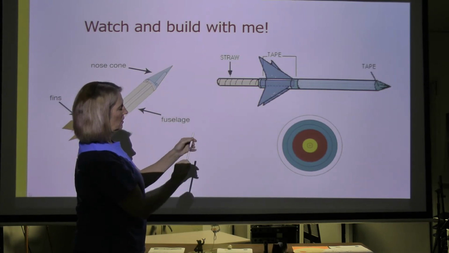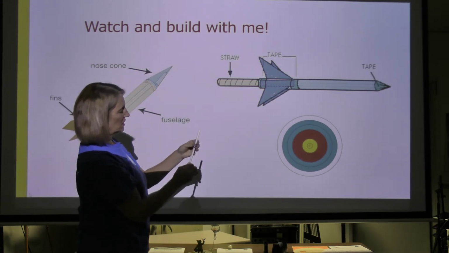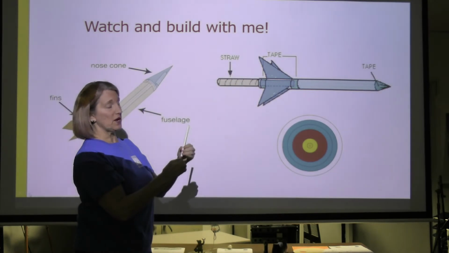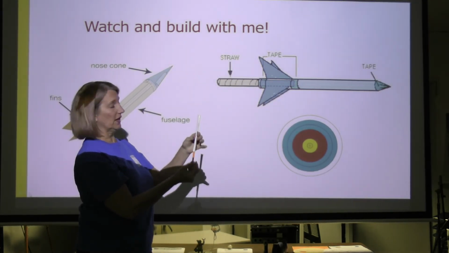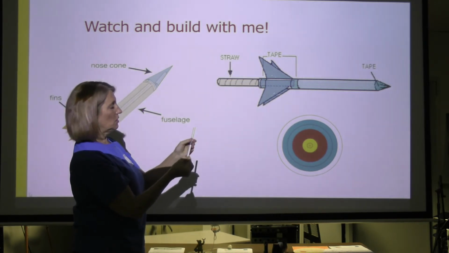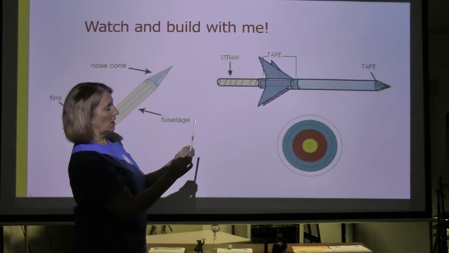Okay, so you have that taped up all the way down. Now don't tape it to the pencil. We don't want it to stick. We want the pencil to be able to come out later on. But there should be no holes along that whole way.